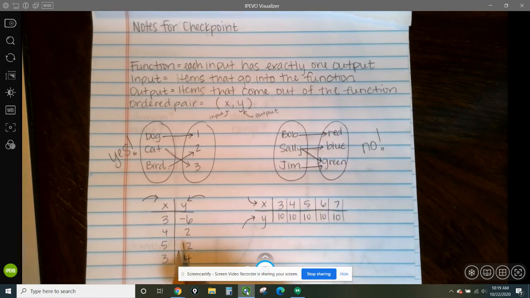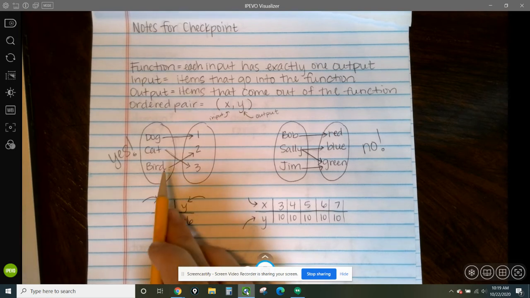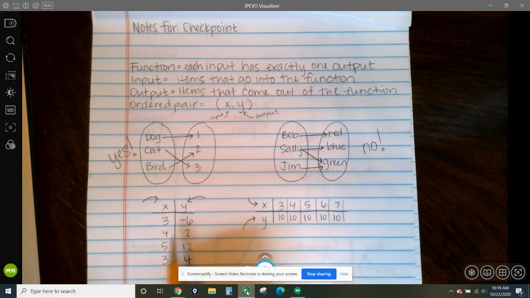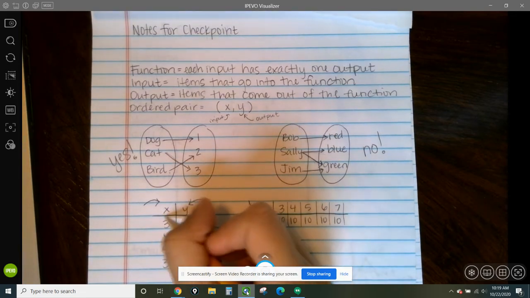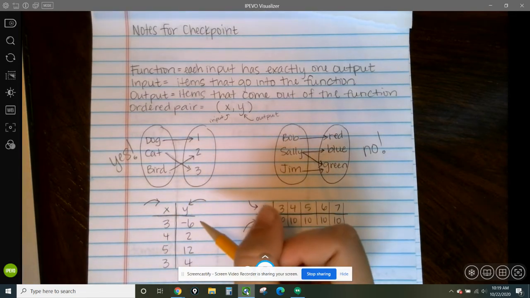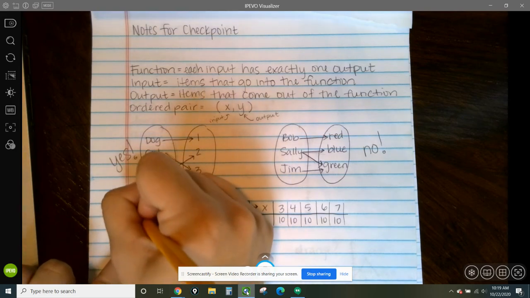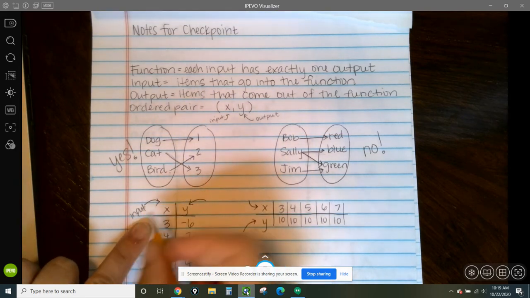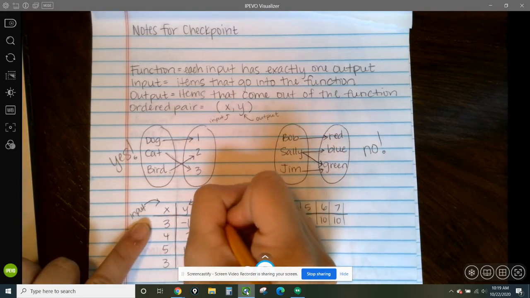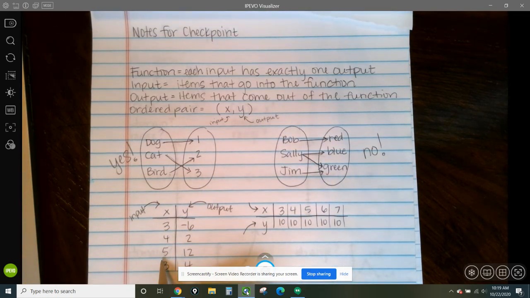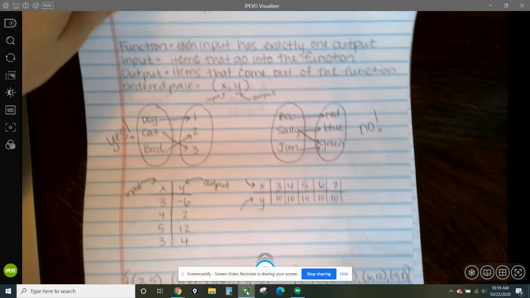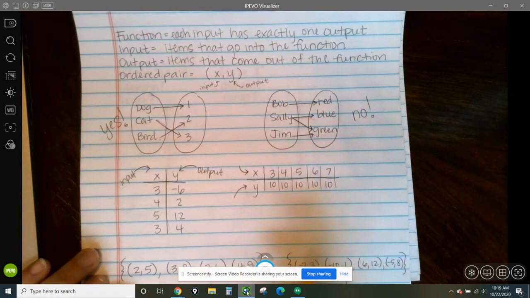All right, now looking at a different type. These were kind of visual. They had words. Down here, we're looking at just straight numbers. In an XY table, an input-output table, the X is the input. Make sure you label these on your notes. The Y is the output. So we have numbers going in and numbers coming out. We're still going to use the same definition. Does each input have exactly one output?